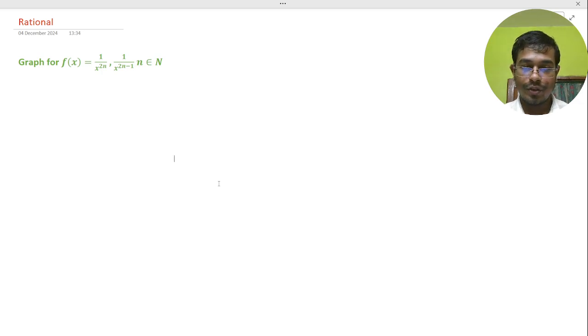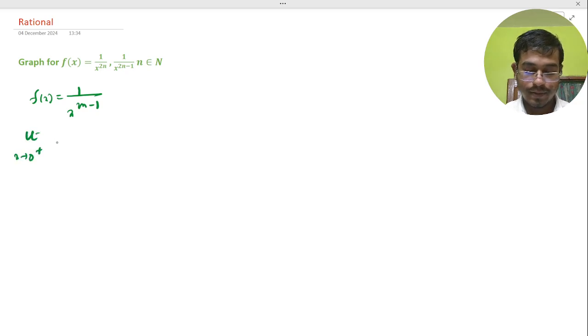For f(x) equal to 1 by x to the power 2n minus 1, this is an odd function, so it is symmetric about the origin. As the limit of x tends to 0 plus, f(x) tends to plus infinity, and as the limit of x tends to 0 minus, f(x) tends to minus infinity.